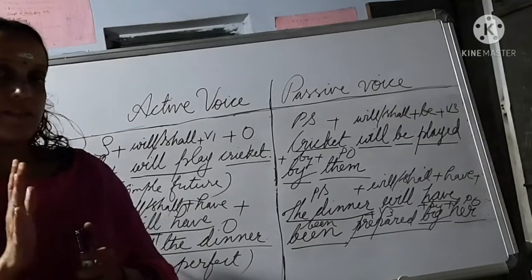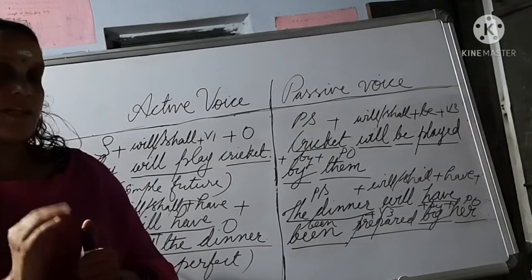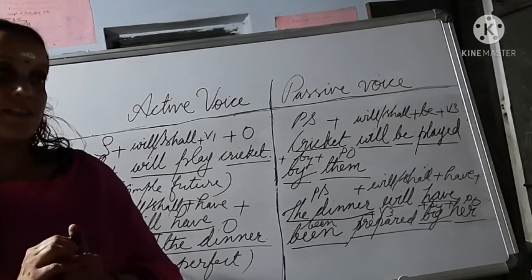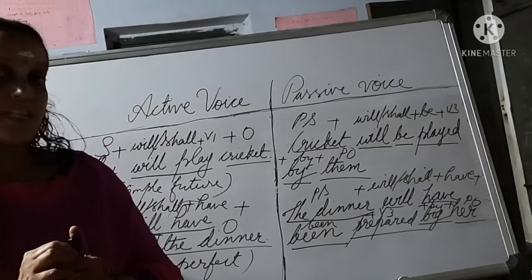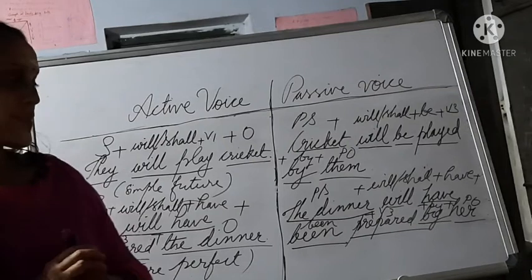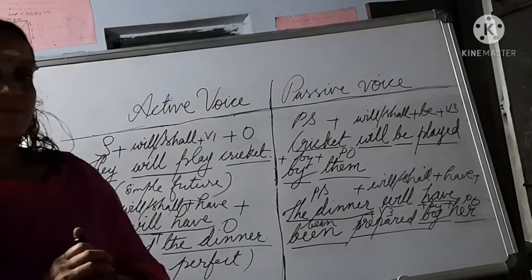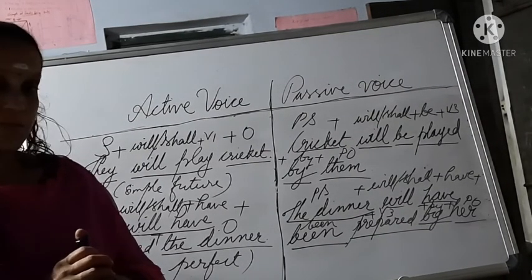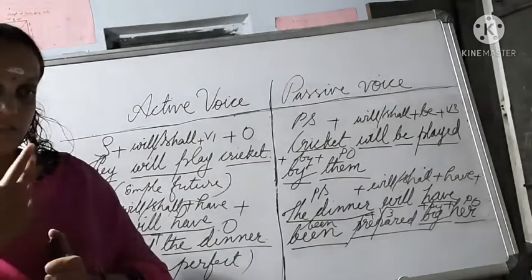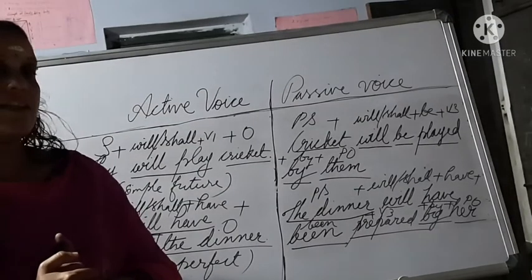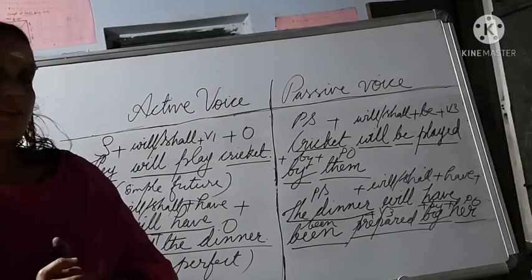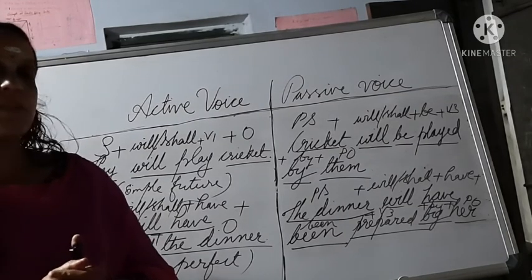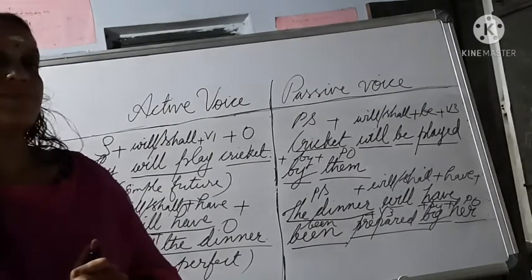We only need to study this much. Other tenses are not expressed in passive voice. Okay, so study well and practice as much as you can. At times you go through this practice, then you can write this. You can convert active to passive and passive to active. Okay, study well.